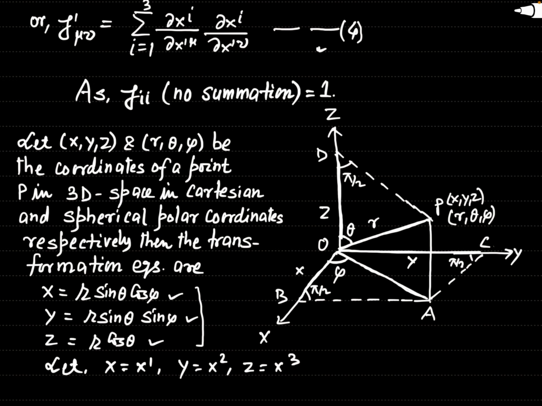And similarly, if you consider that our spherical polar coordinate system is the primed coordinate system, in that condition you can write x prime 1 equal to r, x prime 2 equal to theta, and x prime 3 equal to phi. We consider this for convenience.